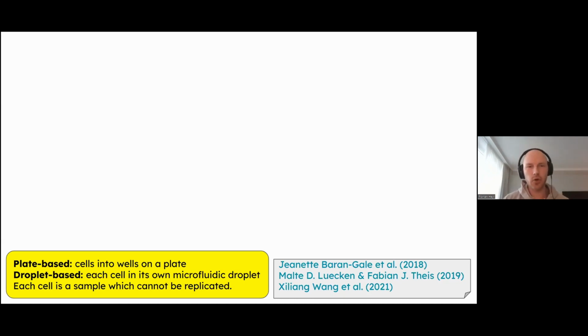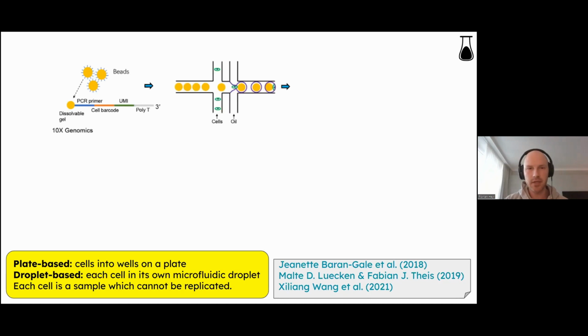This technique uses beads, where you have on the beads oligos which capture your RNAs. They also have, which you can see here in the picture already, PCR primer, cell barcodes, and UMIs. I will talk in a few seconds about what they mean.